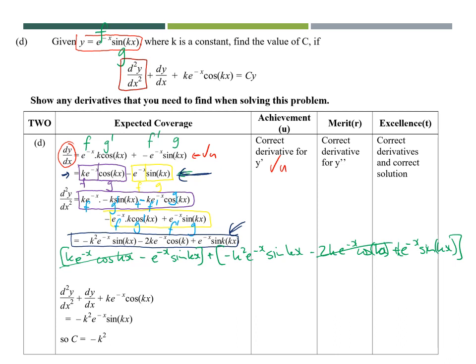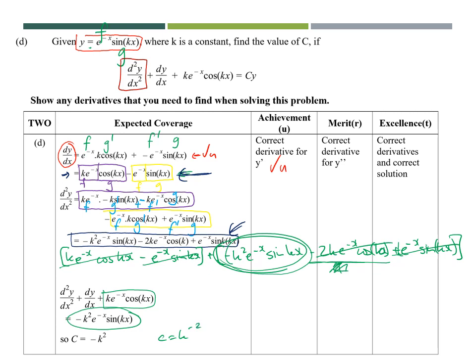The sine ones cancel, and you're left with this and one of these, which when we add the one here will cancel with the other one, which leaves you just with this one just here. And since y is up here, c becomes negative k squared.